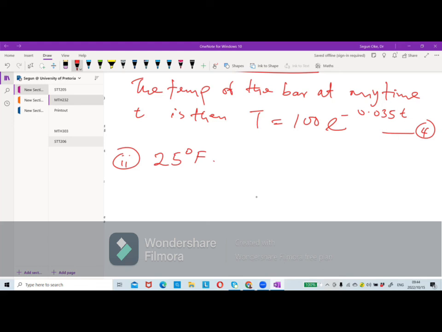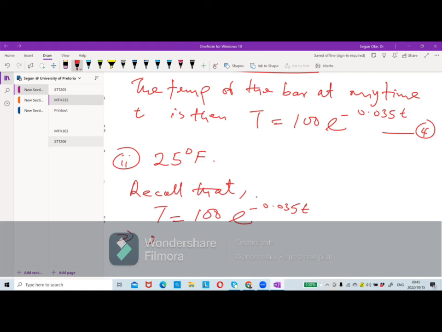So how do we solve this? All you need to do at this point is recall that T equals 100 exponential minus 0.035t.